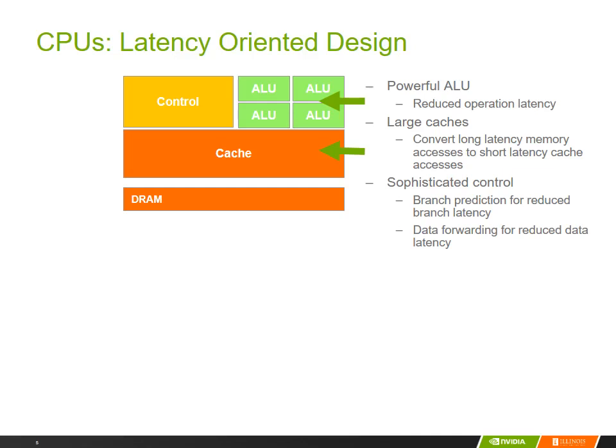This is done by reusing data in the cache so that the reused data can be accessed with much shorter latency. And the third one is sophisticated control logic in the yellow box. This sophisticated control logic helps to make branch predictions for reduced branch latency and to support data forwarding to reduce the latency between data production operations and data consumption operations.